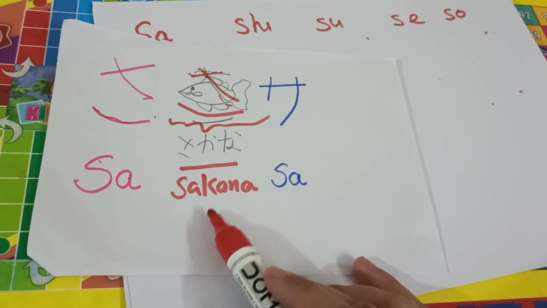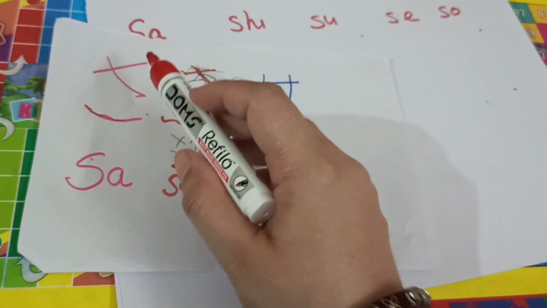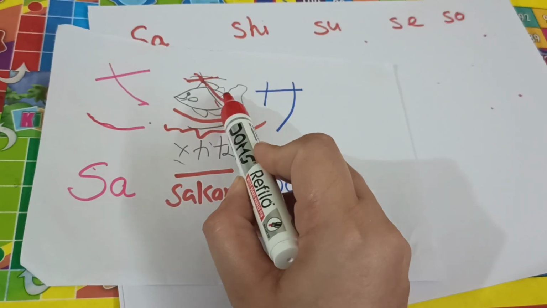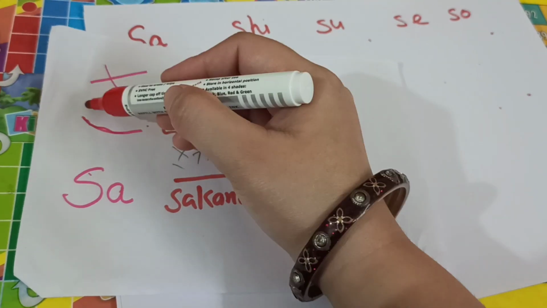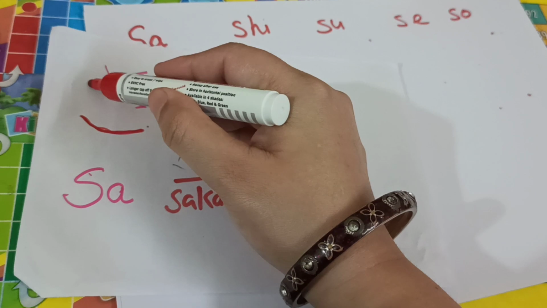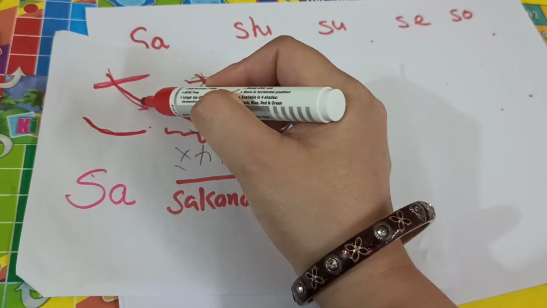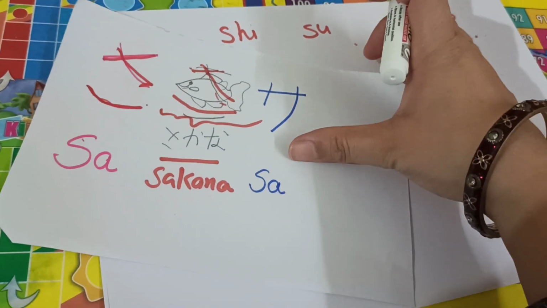That is Sakana. Sakana means fish in Japanese. So Sa is a swimming fish. This is the water and this is the body of a fish.